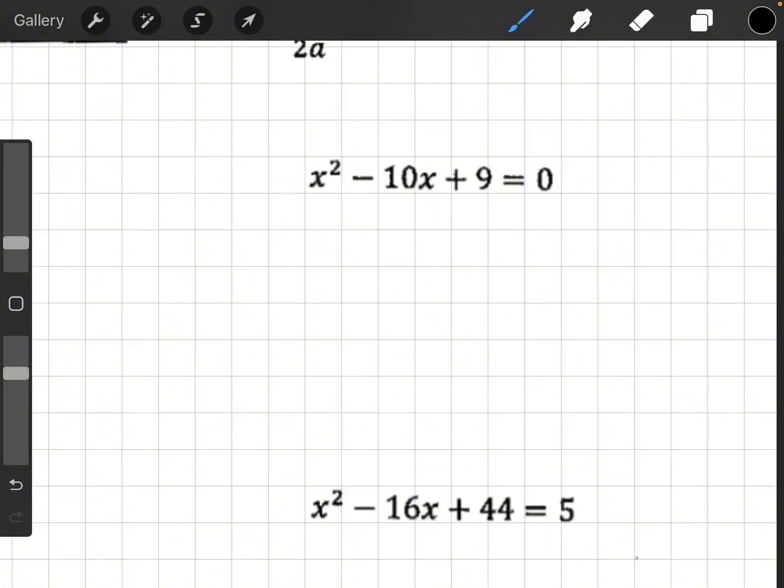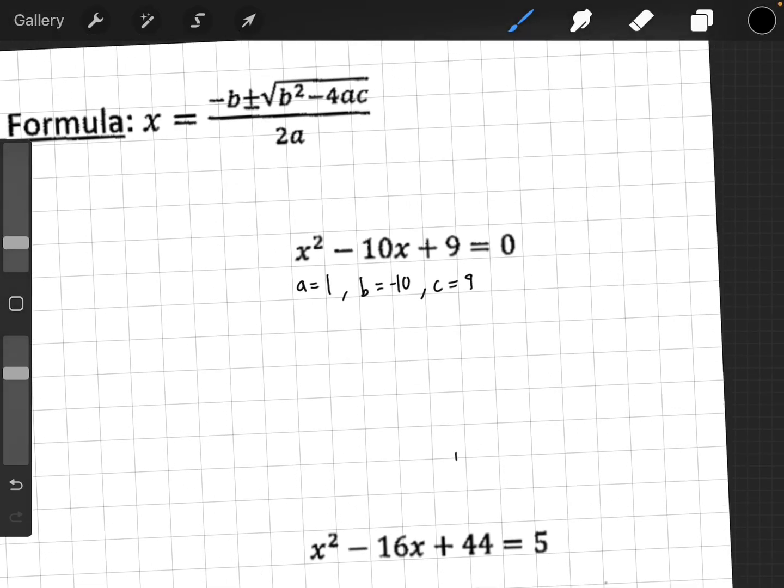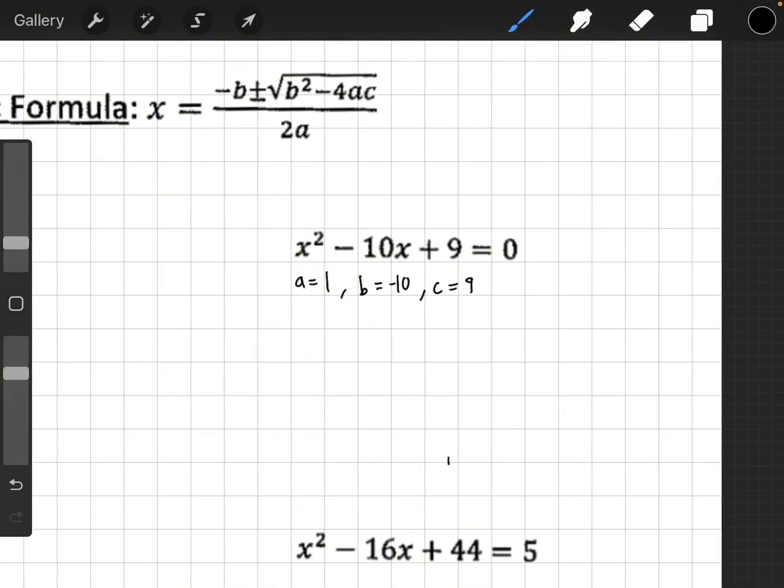Okay, for the second example, let's start by writing out our a, b, and c values. So a equals 1, b equals negative 10, and c equals 9. We'll take negative b, which is negative 10.